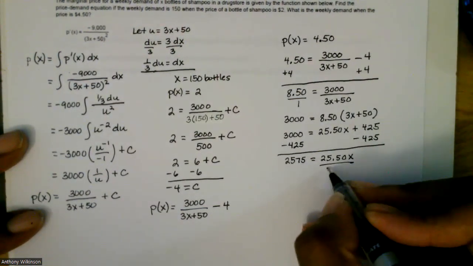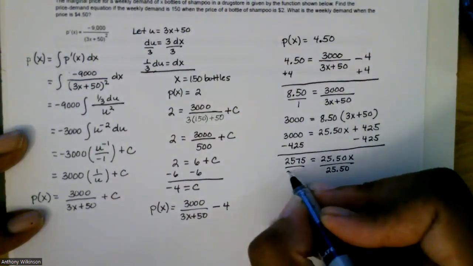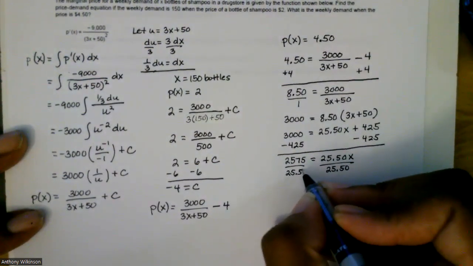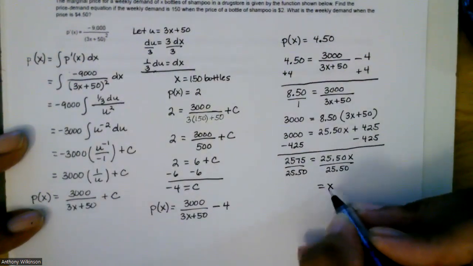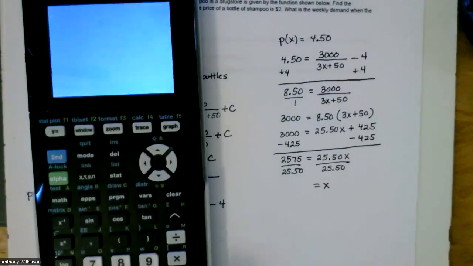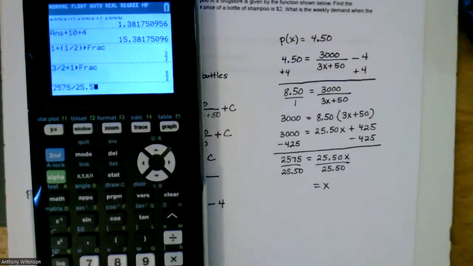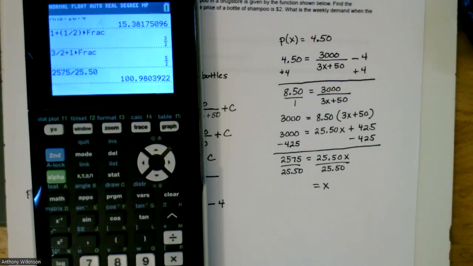And then divide both sides by 25.50. This will be x is equal to, now use the calculator for this one, just to show you, 2575 divided by 25.50. You'll get this number.